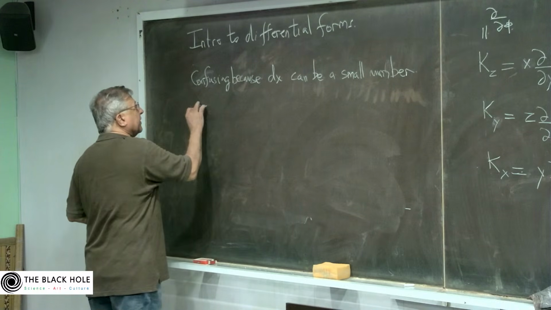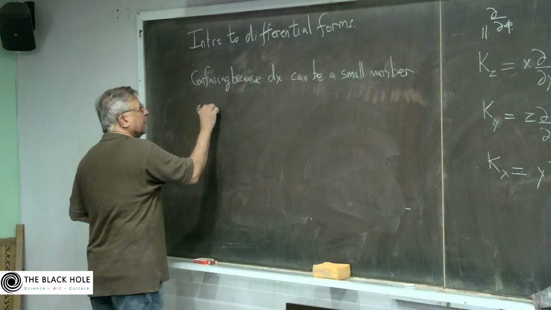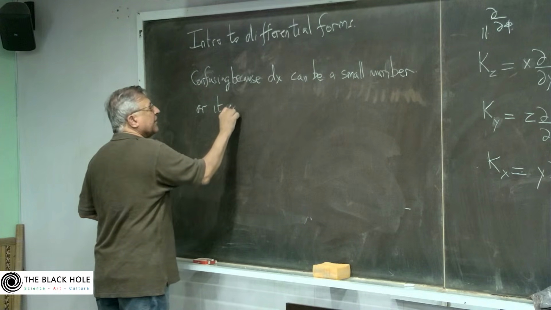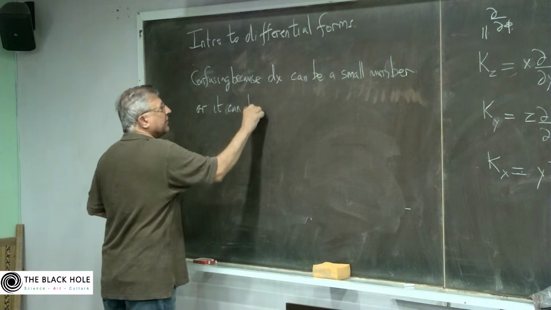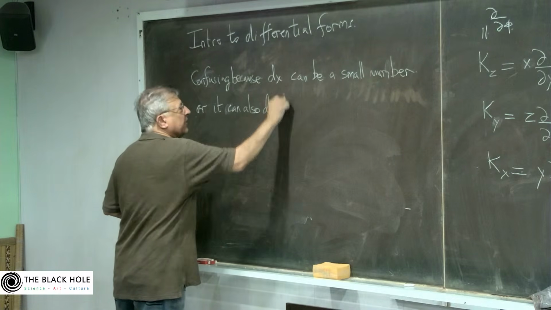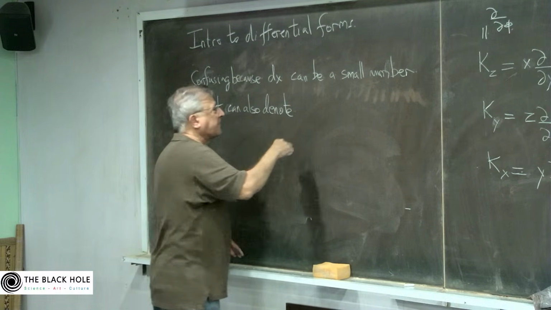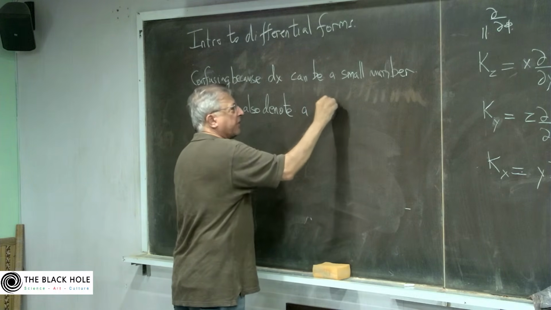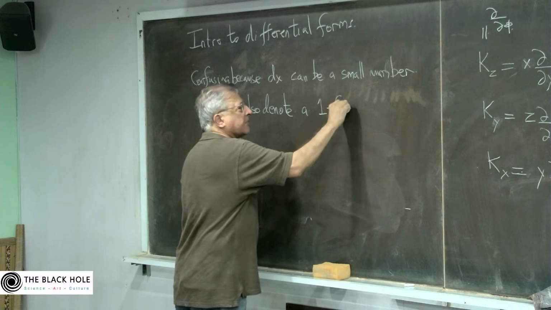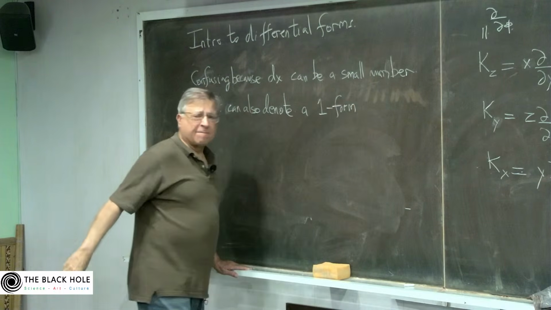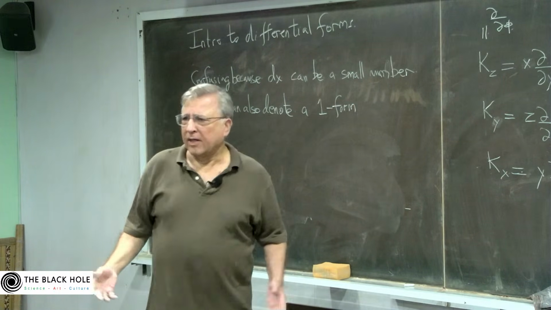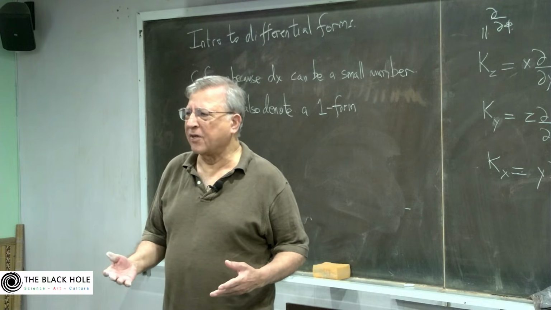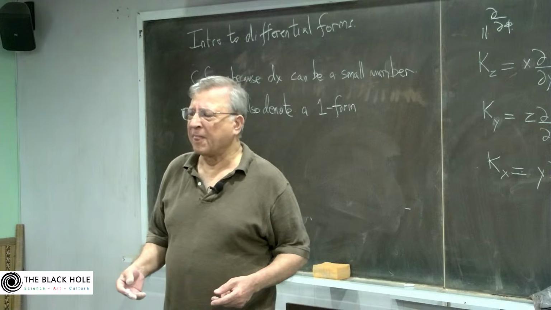But the problem is that it can also denote a one form, which I'm going to define now. One forms you can add together, you can multiply by a number, still a one form.